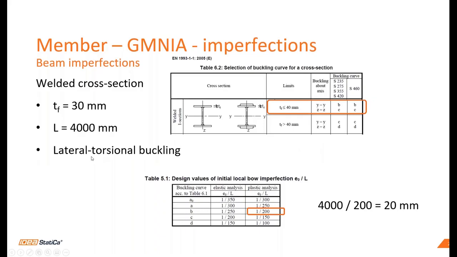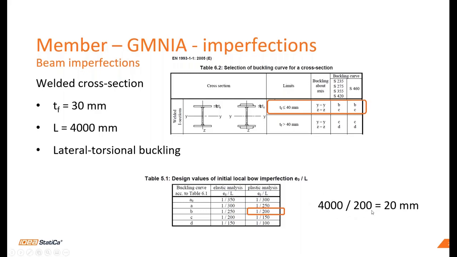First, our transversal beam is a welded cross-section, and with its parameters I can calculate the imperfections because the code tells us which buckling curve must be used and how to calculate the value of bow imperfection.